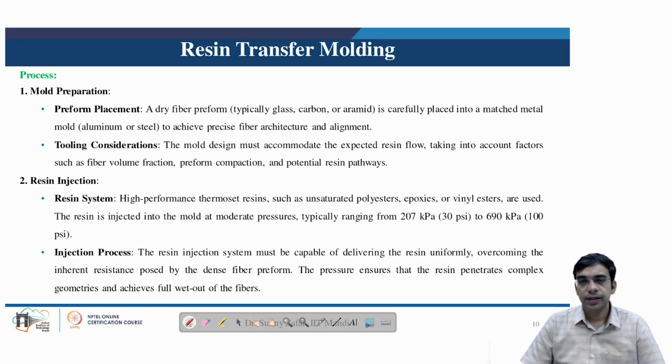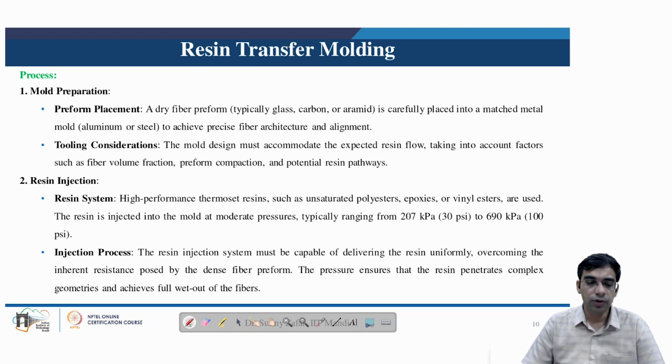So if we understand the process of resin transfer molding, this involves mold preparation. In the mold preparation, the preform placement is the first step, where a dry fiber preform, which can be of glass fiber, carbon fiber or aramid fiber, is carefully pre-placed into a matched metal mold.